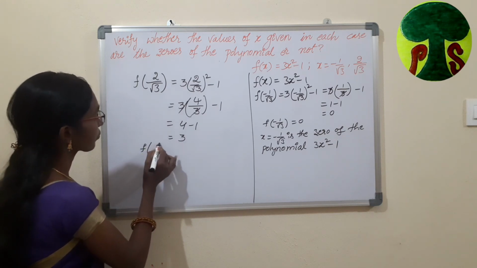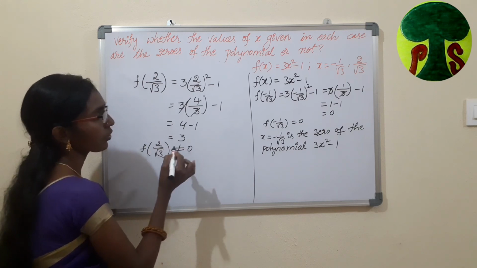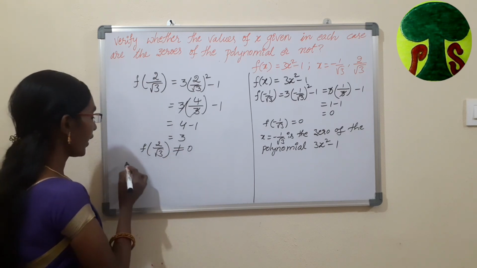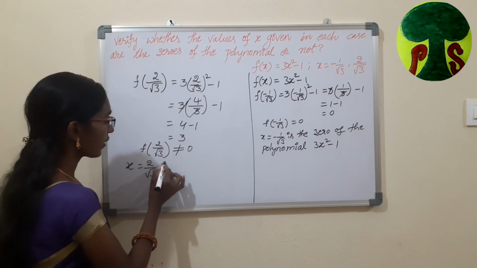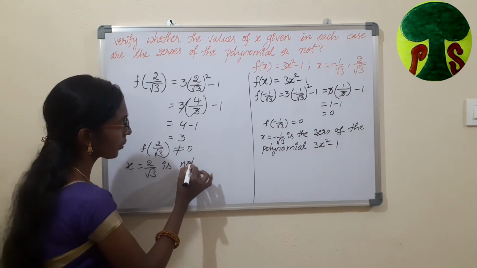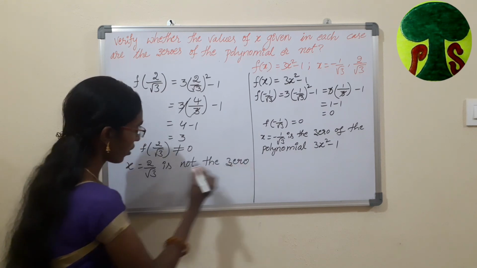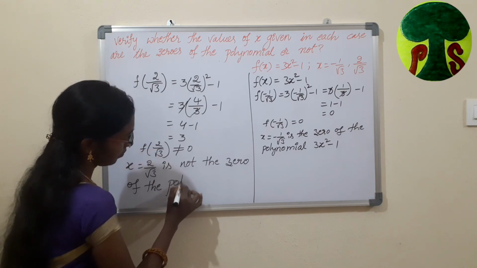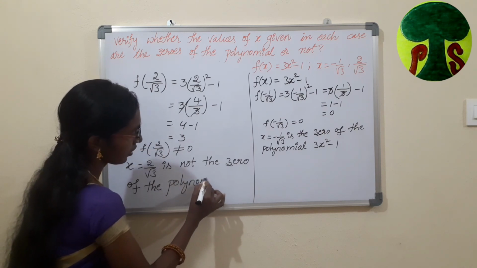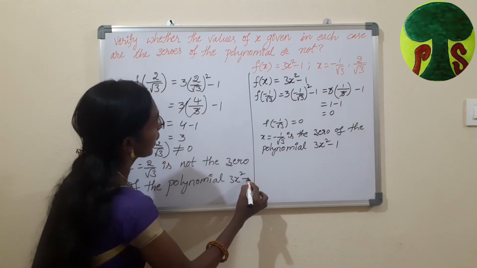F of 2 by root 3 is not equal to 0, which means that x equals 2 by root 3 is not a zero of the polynomial 3x square minus 1.